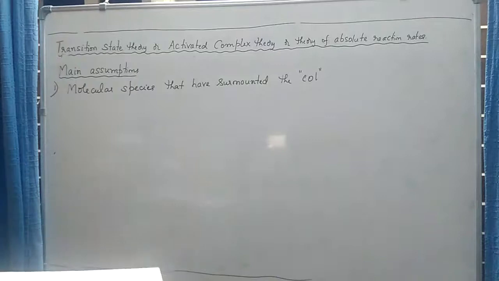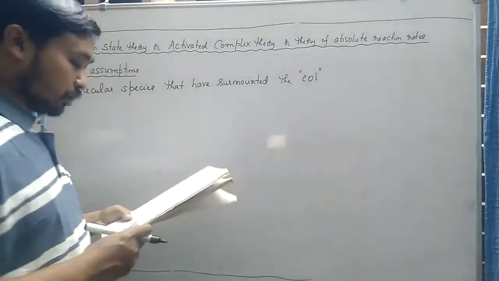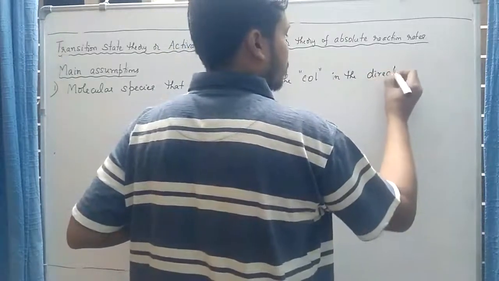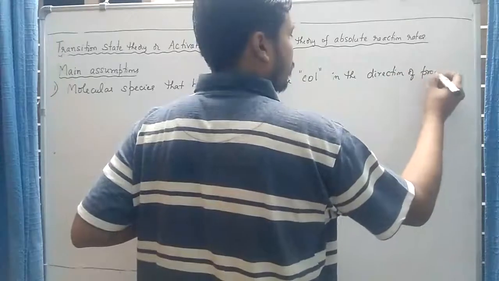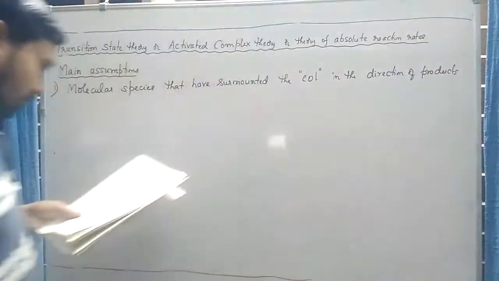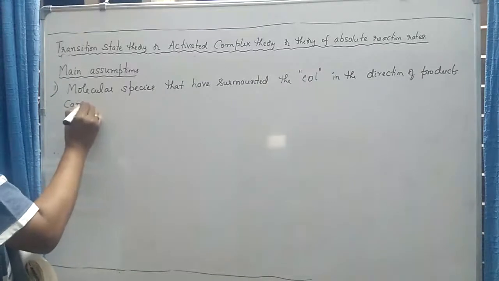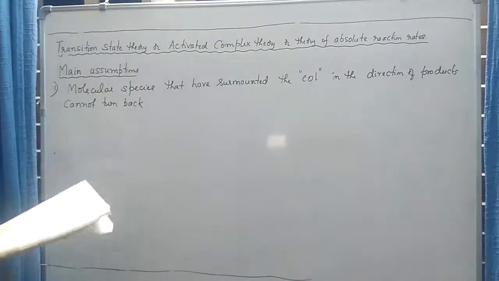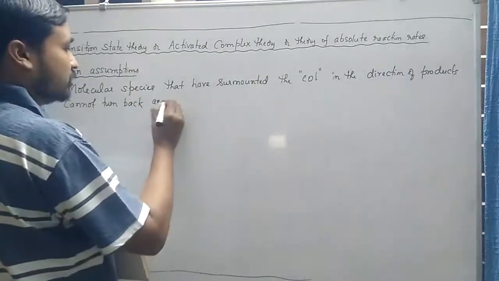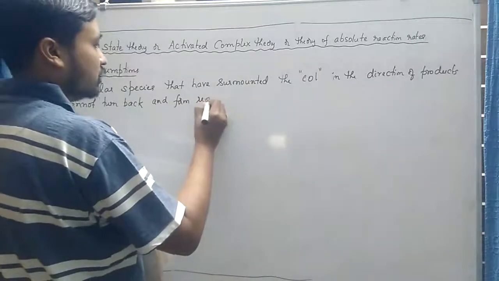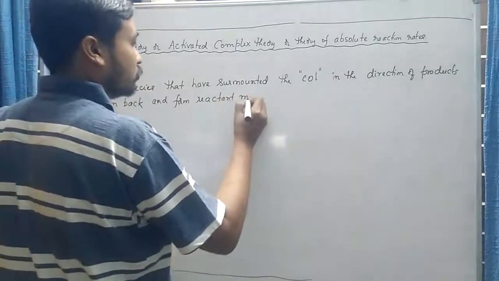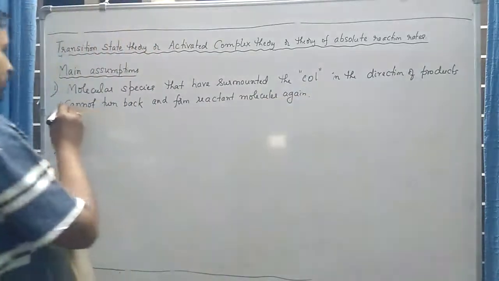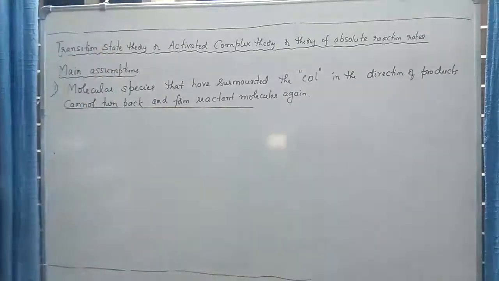So molecular systems that have reached or surmounted the col in the direction of products cannot turn back and form reactant molecules again. Okay, they cannot turn back and form reactant molecules again.